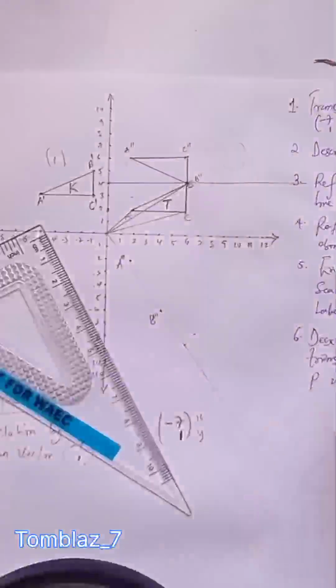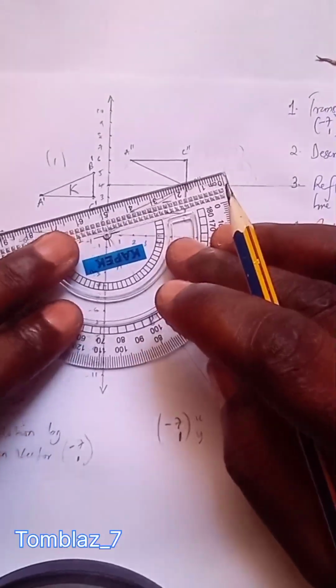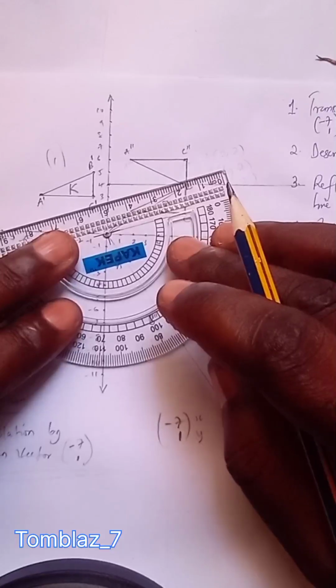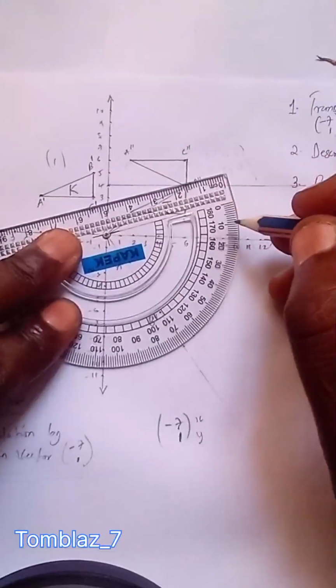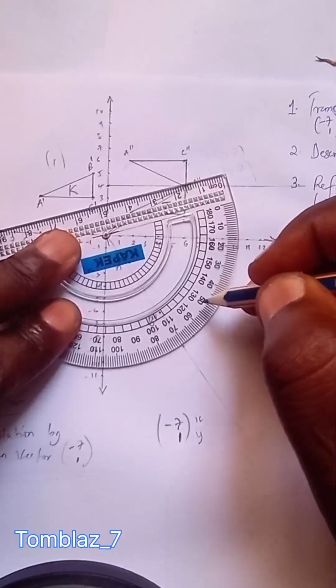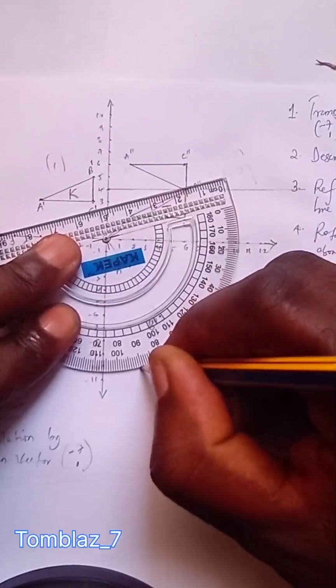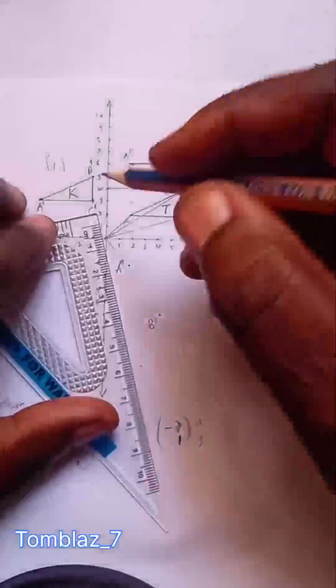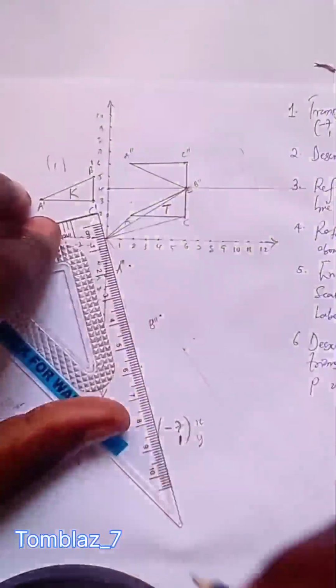Okay, let's do for C. For C, I'm going to use my compass again, centered at the origin, and position it to C. Then I'll take 90 degrees rotation. 1, 2, 3, 4, 5, 6, 7, 8, 9. That's 90. Put it there. And then I'll take just a very faint line since it's not part of our construction.